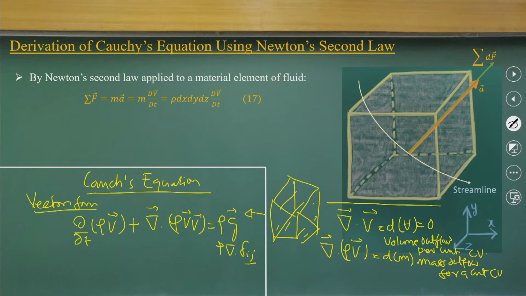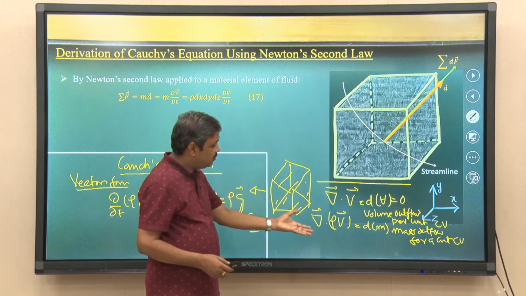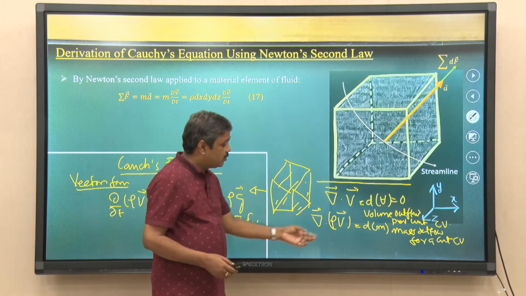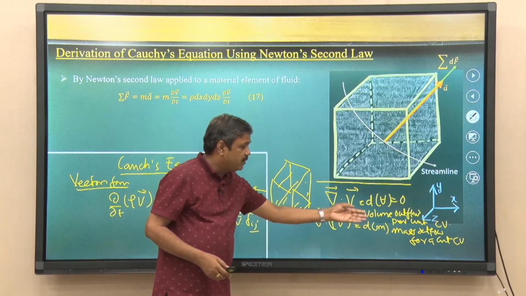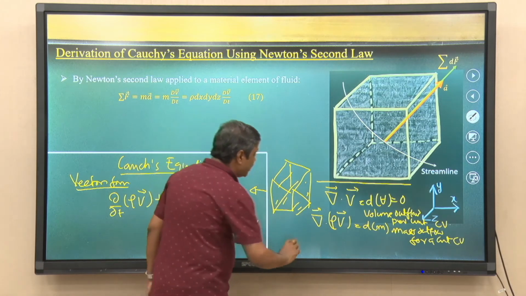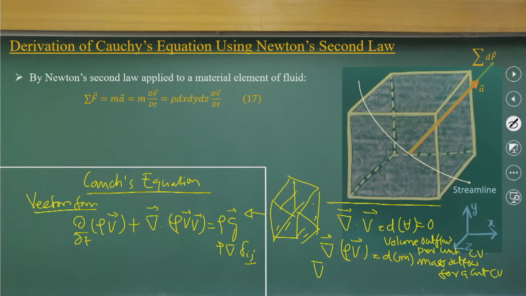For volume outflow per unit volume, if I multiply the velocity by rho, that gives mass outflow per unit volume. In the same way, you can interpret that the divergence of rho v v is nothing else but the momentum outflux per unit control volume.